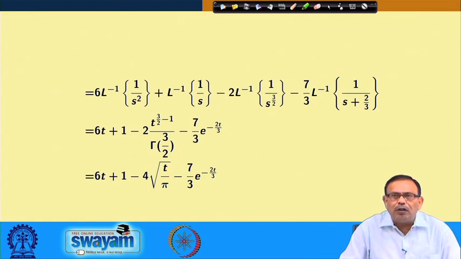Now, if you recall, in Laplace transform also we studied various properties which helped us to solve problems or to find out the Laplace transform of various functions quickly. Similar properties are available in inverse Laplace transform also, and using the properties of inverse Laplace transform, we can very quickly find out the function whose inverse Laplace transform is provided to us.